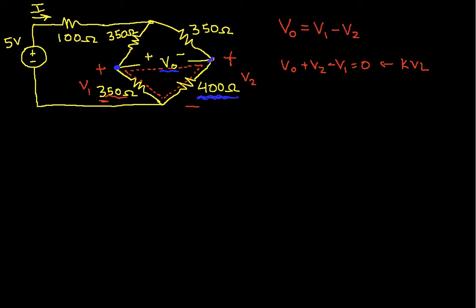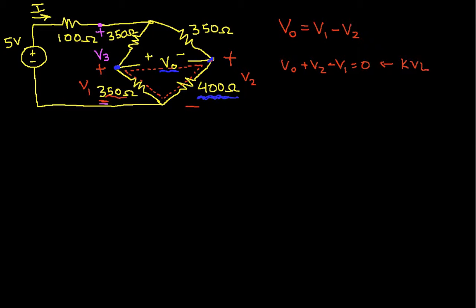But if I look at this, there's not an easy way to find V1 and V2 yet. It turns out that if I knew the voltage from this node to this node, which why don't I call V3?